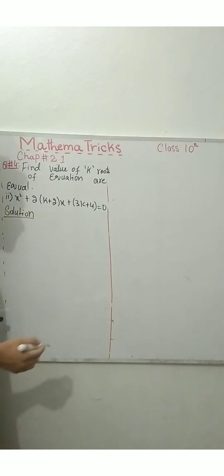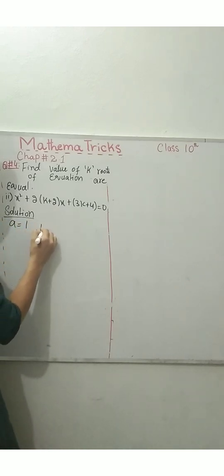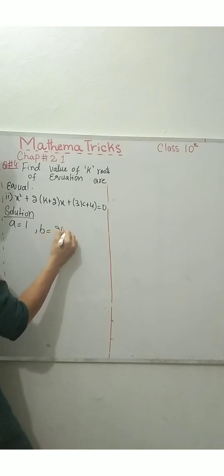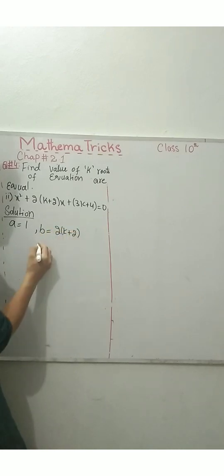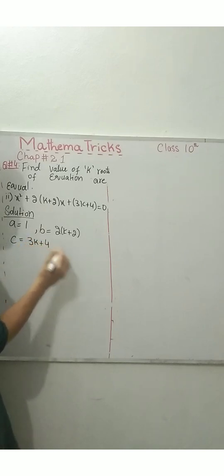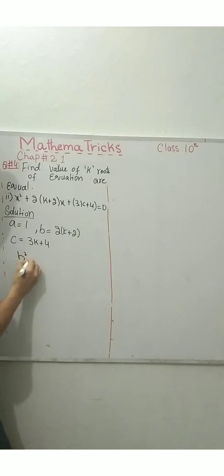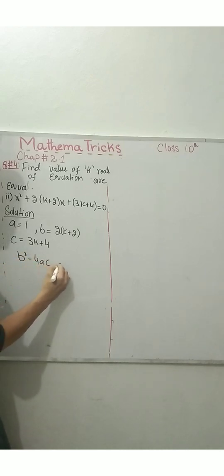Just take the values of a, b and c according to this equation. I have a equals 1. I have b equals 2 into k plus 2. And I have c equals 3k plus 4. Let's find the discriminant, which is b square minus 4ac equals 0.